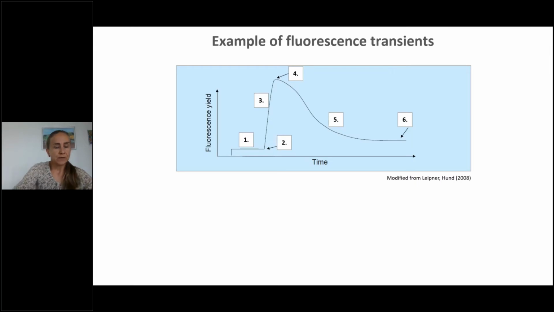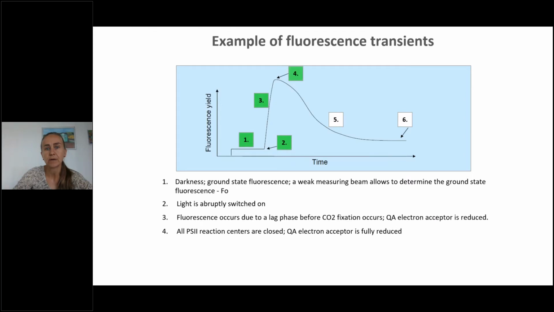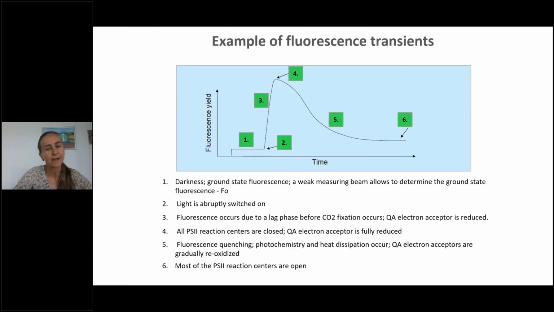So having these 3 light sources, we have all we need to measure effectively the fluorescence yield. And I will not go again in detail over the fluorescence yield curve and the application of the different light sources and the resulting states and the fluorescent transient states.